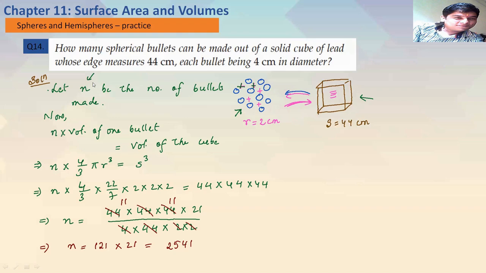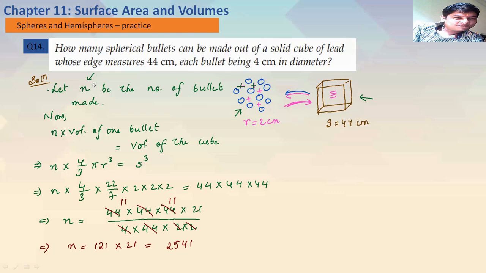To find the number of spherical bullets which can be made out of the lead. What was the objective? What did we write in the first statement?